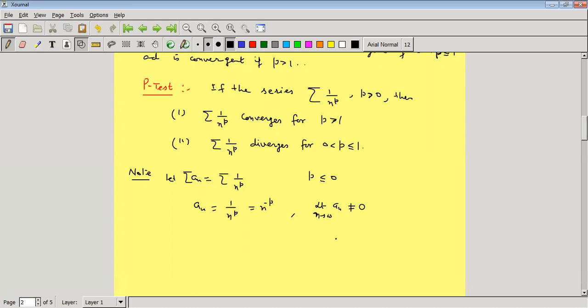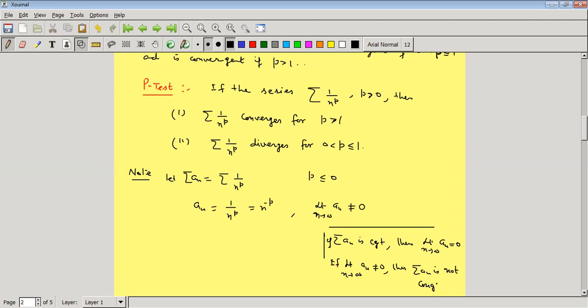So we have already discussed one case. If the series summation an is convergent, then limit n goes to infinity of an is equal to 0. What is the contrapositive of this? If limit n goes to infinity of an is not equal to 0, then summation an is not convergent.